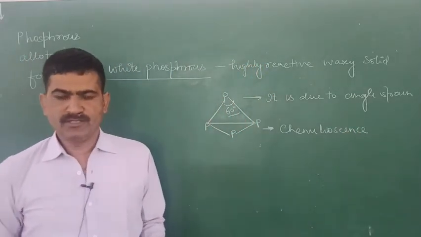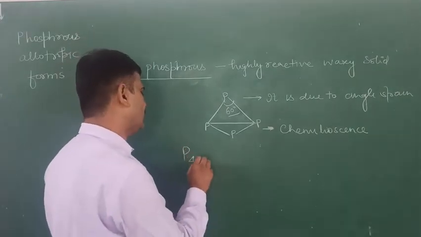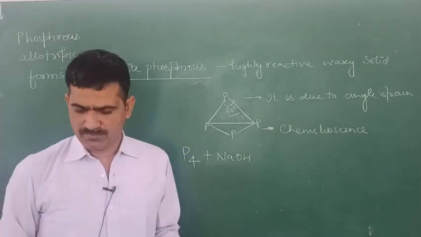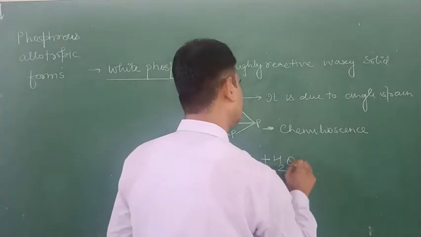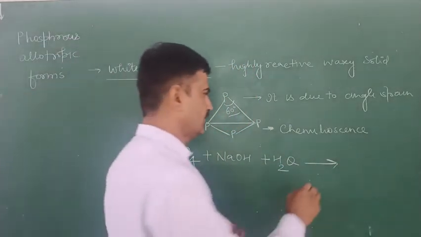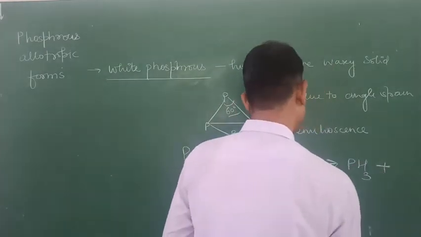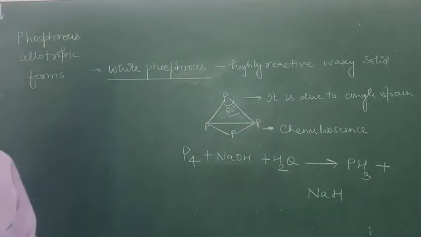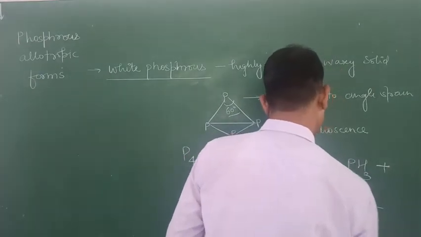And it reacts with an alkali, this is a very important reaction. White phosphorus reacts with an alkali such as sodium hydroxide. In the presence of water, it forms sodium hypophosphite and phosphine gas.